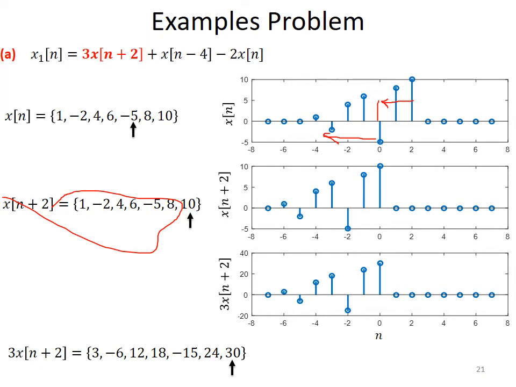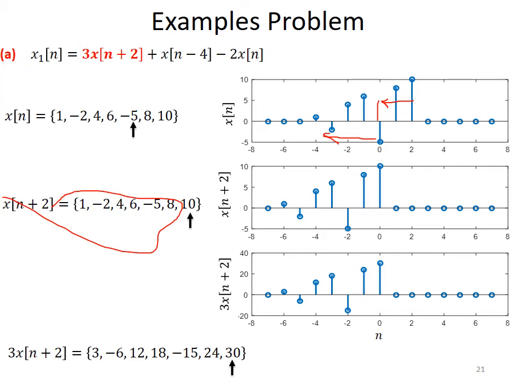So this is how the shifting is performed, and after shifting we have to multiply it by 3, which is amplitude scaling. Each sample would be multiplied with 3, and the result would be this one.